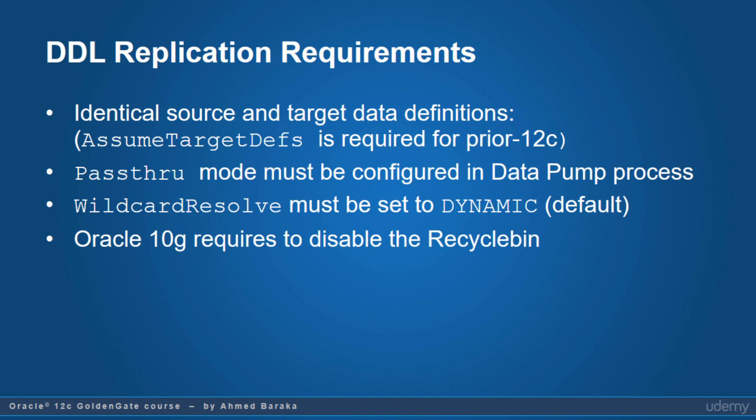It cannot manipulate the data. You also need to make sure that the parameter WILDCARDRESOLVE is set to the DYNAMIC value, and that is the default value of that parameter. If your databases are Oracle 11g, you need to disable the recycle bin.